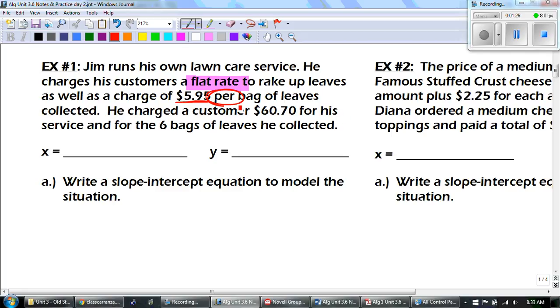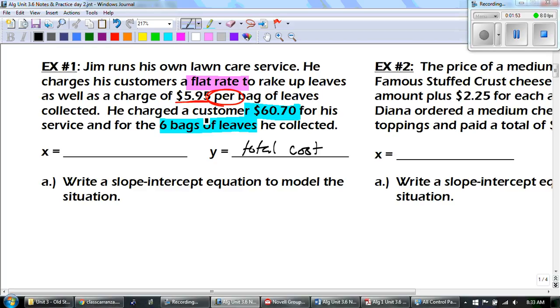He charged a customer $60.70 for services and for 6 bags that he collected. Okay, so they mentioned money a lot. Money is going to be the y. Okay, that's the total. That's what the cost is.